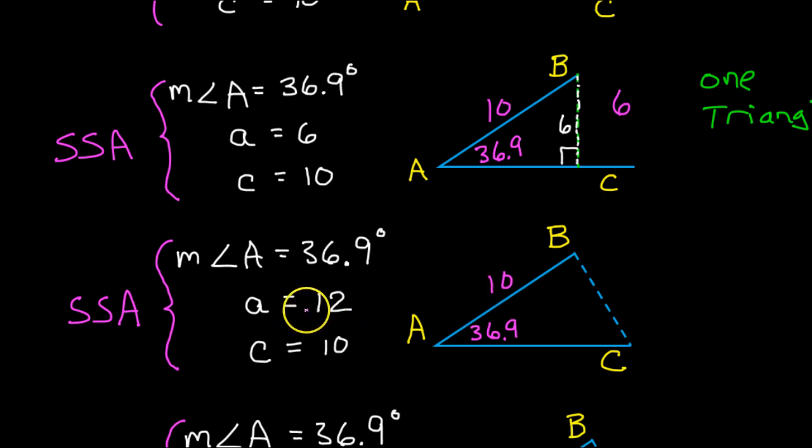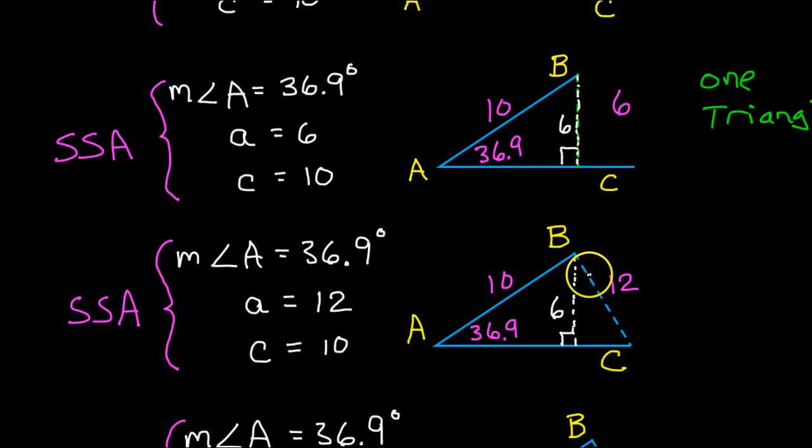The only thing I'm changing is side A over here. This time it's going to be 12. Now, based on the calculations that we did the first time, again, this part hasn't changed. If I drop a perpendicular line down, this is still length 6.